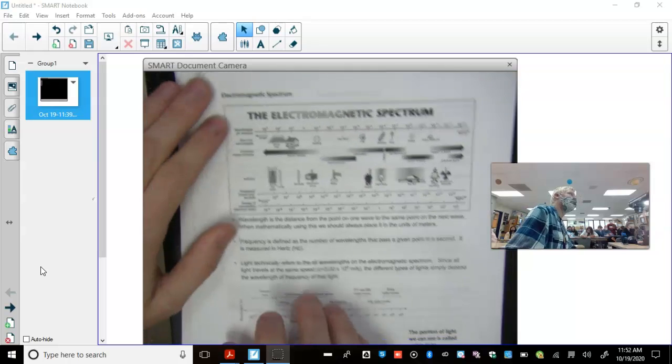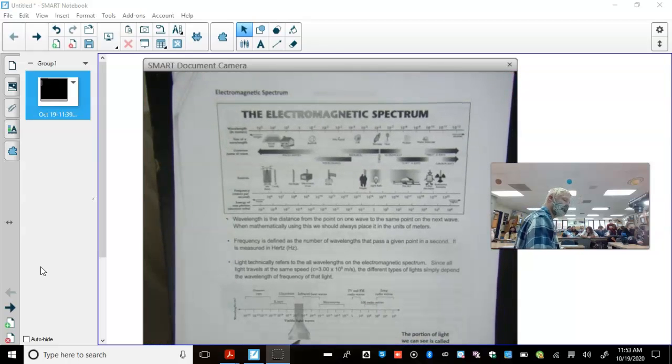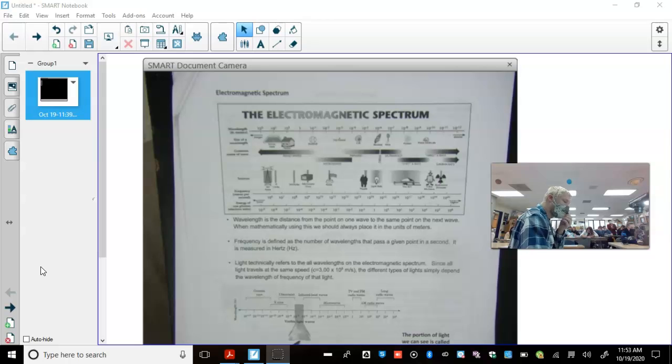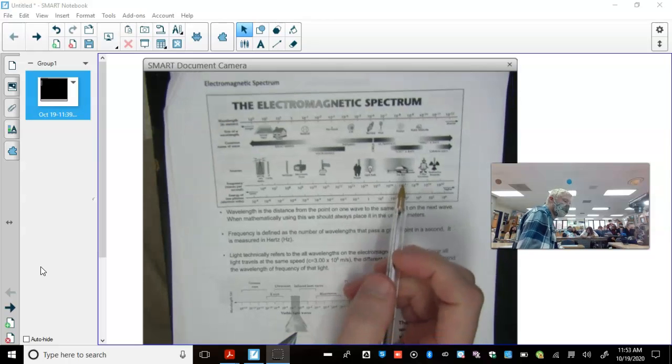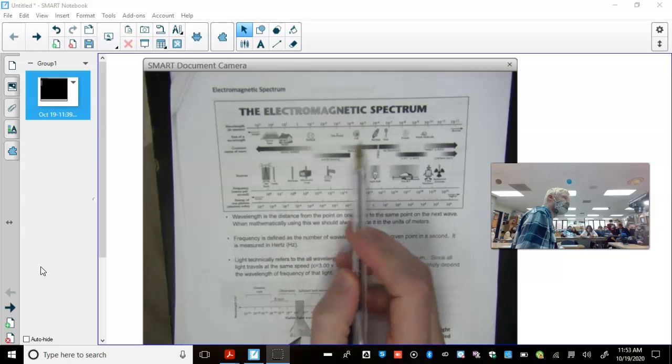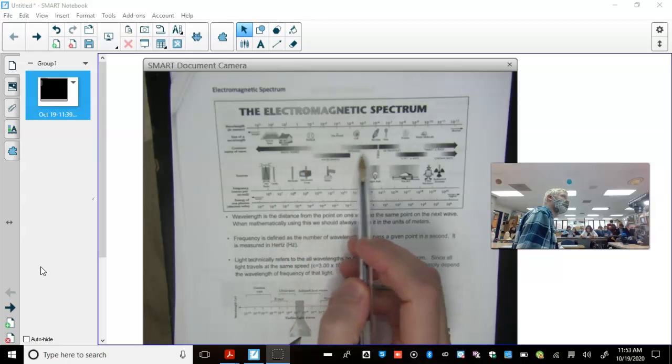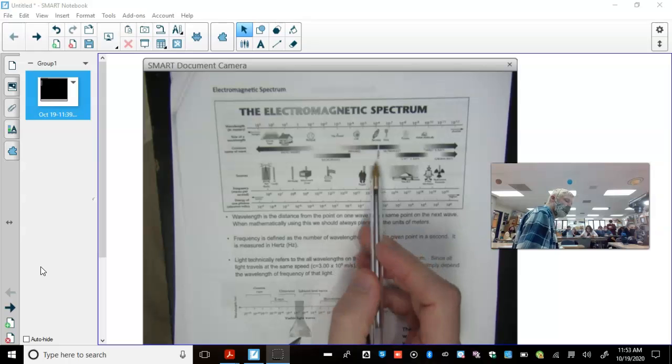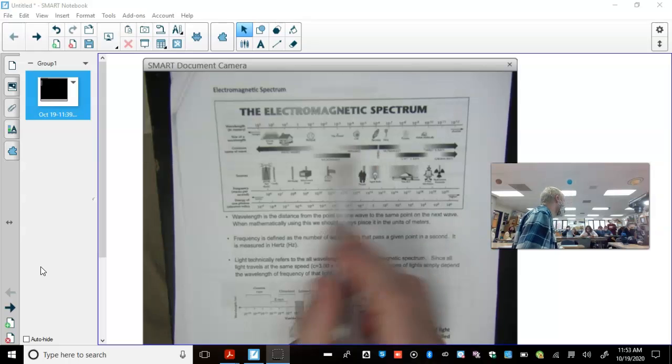All right. So then we got the electromagnetic spectrum. This is basically the frequency of light. You got radio waves to microwaves to infrared. That's like the night vision goggles. You've got visible, which is just a little blip in the entire spectrum.